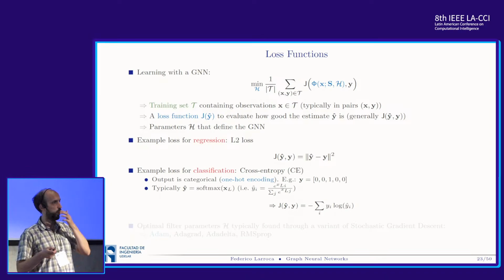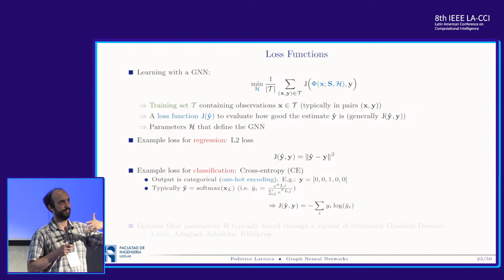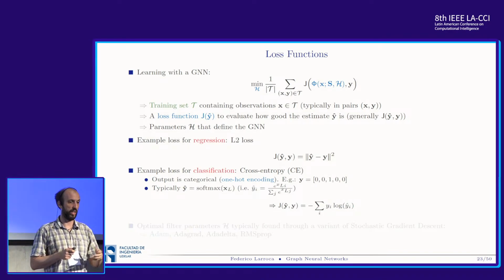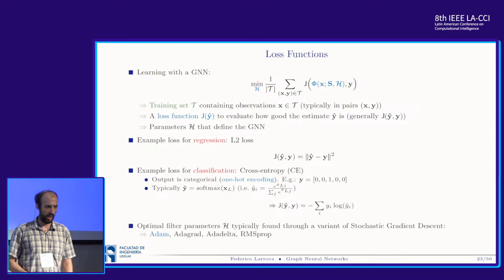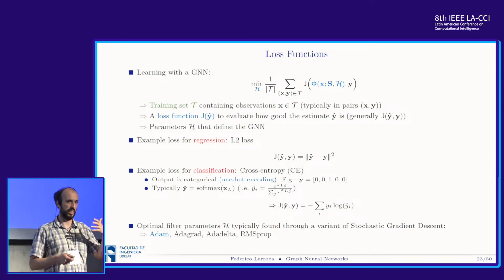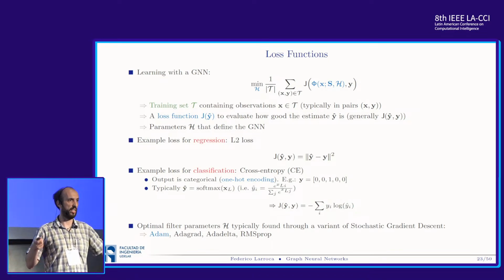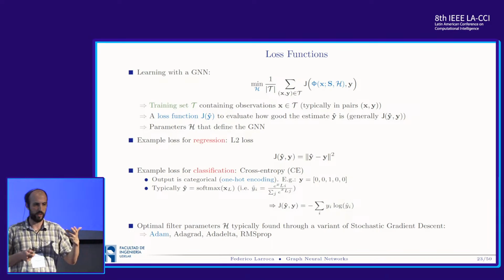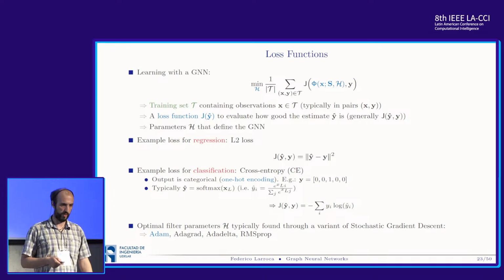If you're going to do classification, for instance, if we would like to know the area of a certain paper in a citation network, that's a classification problem, and the loss there is typically cross entropy loss. That's the one here, where we have, in this case, 5 categories. And I'm not going to talk much about it, but the techniques used for this optimization are the same as in any deep learning problem, and we may use Adam, Adagrad, or whatever you like the most.